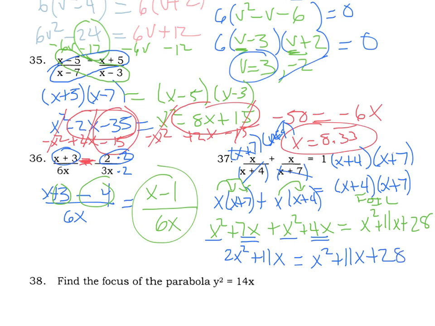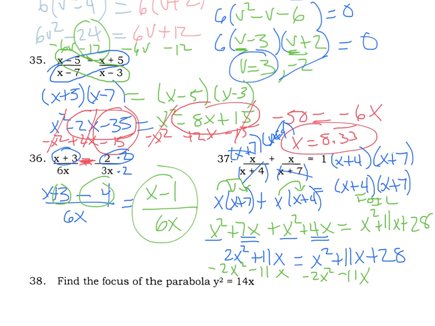Now, again, I see that I've got a quadratic here, so I'm going to try to get everything together on one side. So I'm going to minus 11x, and I am going to minus 2x squared and minus 2x squared. I'm thinking this is going to be negative over here.